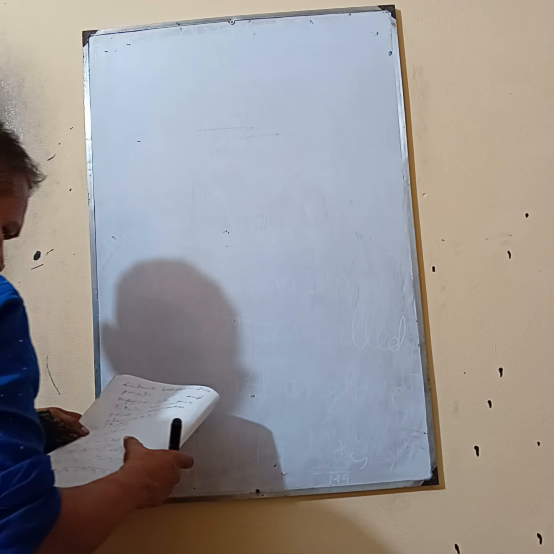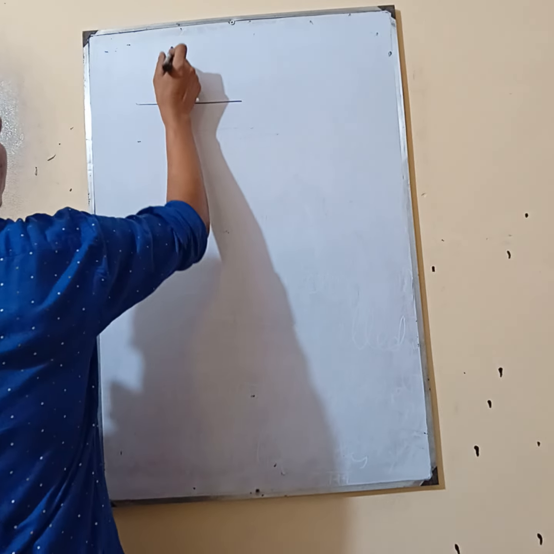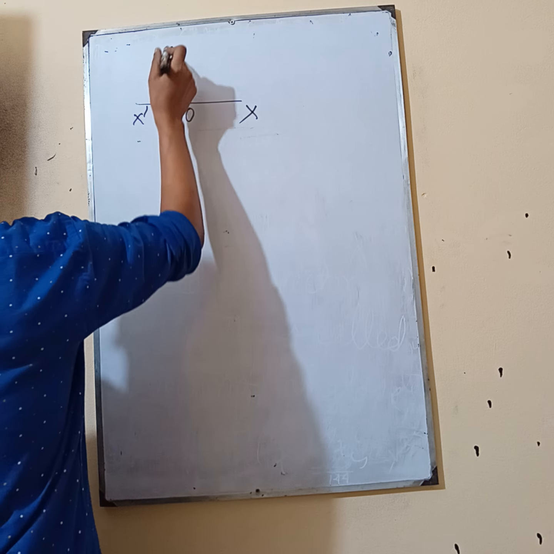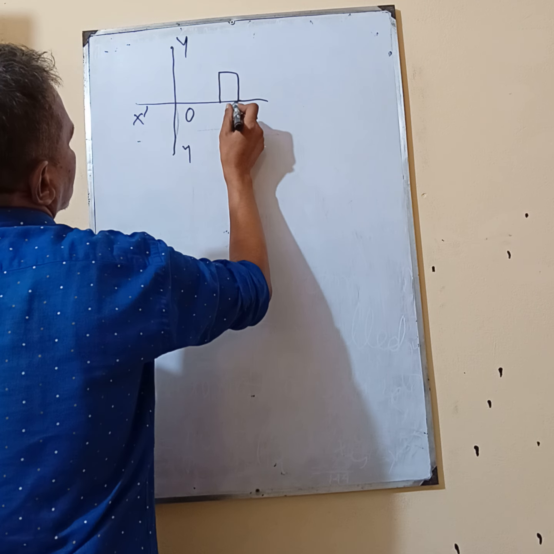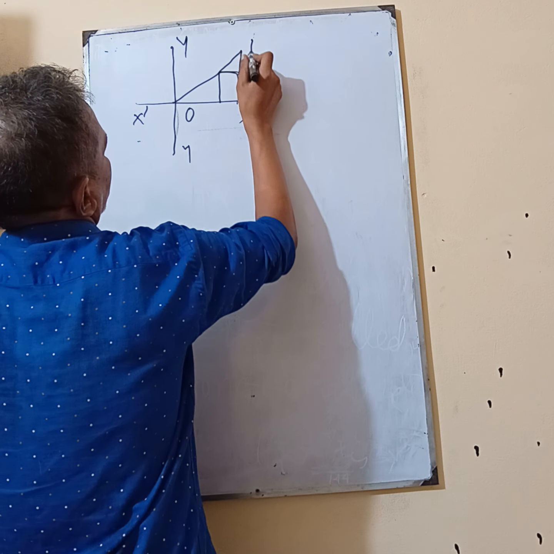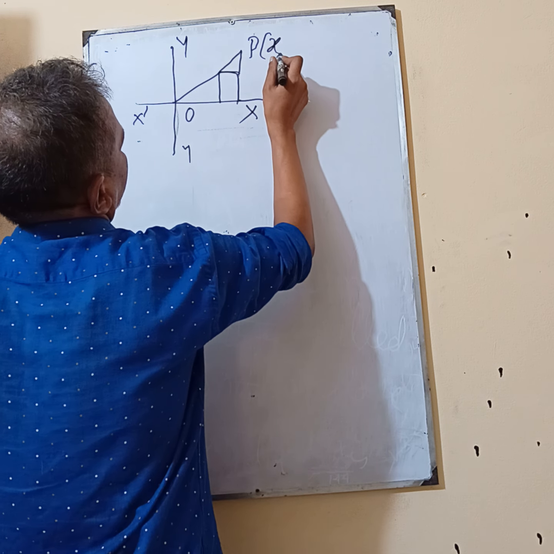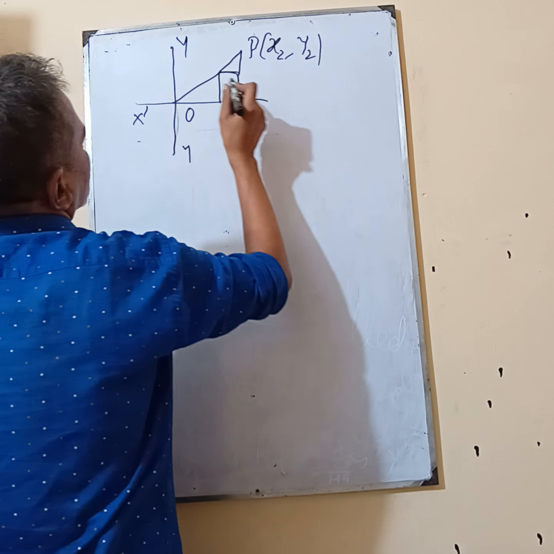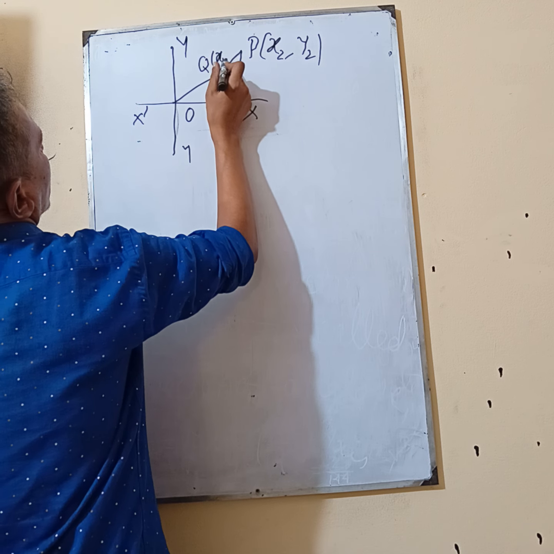Suppose this is a coordinate system X'OX, Y'OY, and there is a point P (x2, y2) and a point Q (x1, y1).